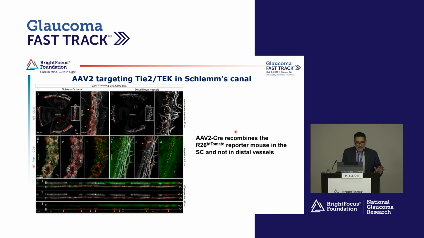What they did in the study is, it's a fairly complicated slide, but they delivered the AAV2 Cre intracamerally, in this case in a reporter mouse, in which when the LOXP sites are recombined, the mouse will express tdTomato in recombined tissues, and they show very nicely that they get transduction of the Schlemm's canal without transduction of distal vasculature.